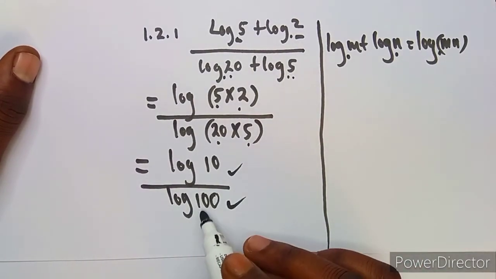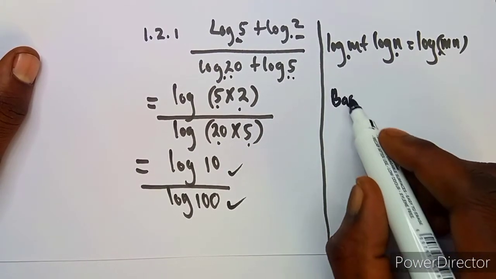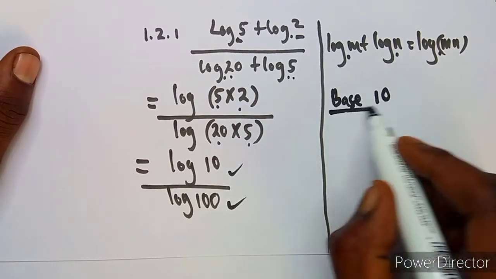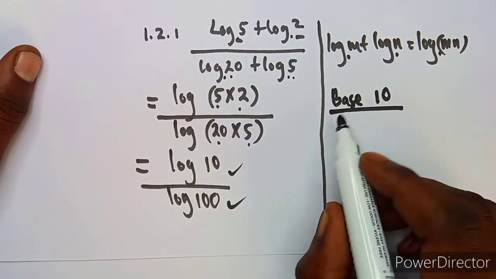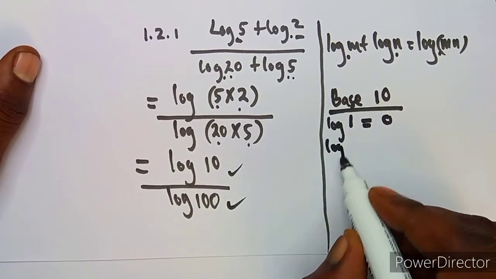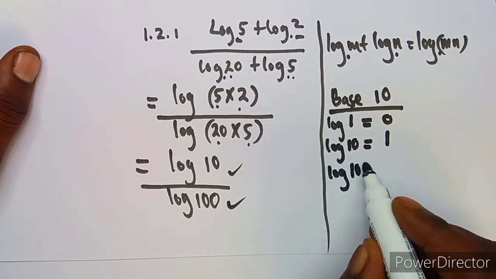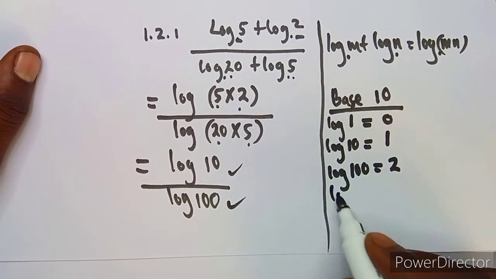So I've got many options to simplify this. Okay, when I'm working with base 10, this is important for you: the logarithm of 1 in base 10 is 0. Logarithm of 10 in base 10 is 1. Logarithm of 100 in base 10 is 2.